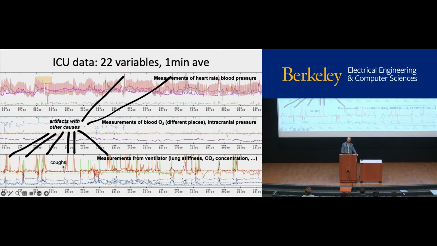These are probably coughs down here. If you have a ventilator, which puts a giant tube down your throat, it is extremely uncomfortable, and you will often try to cough it up, I think even if you're not conscious. And so these are not real lung stiffness spikes.